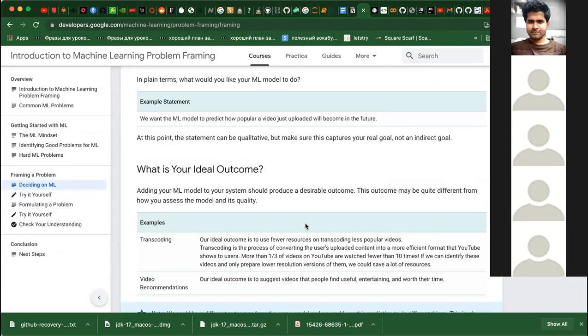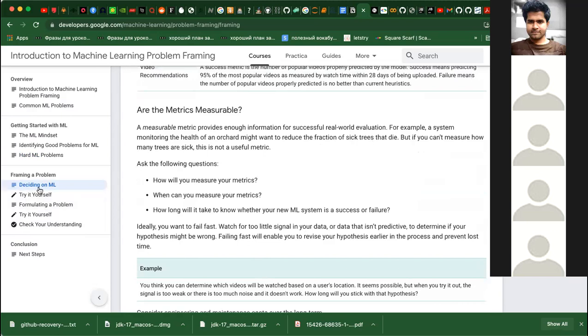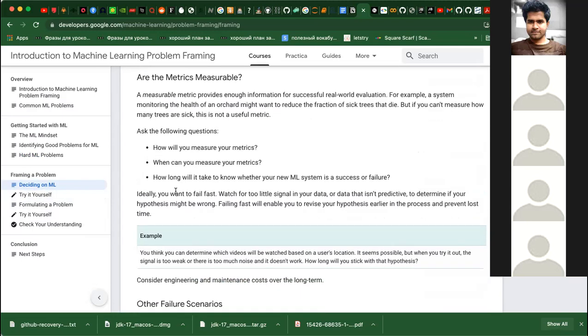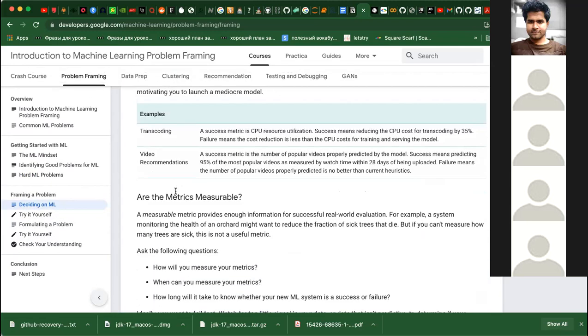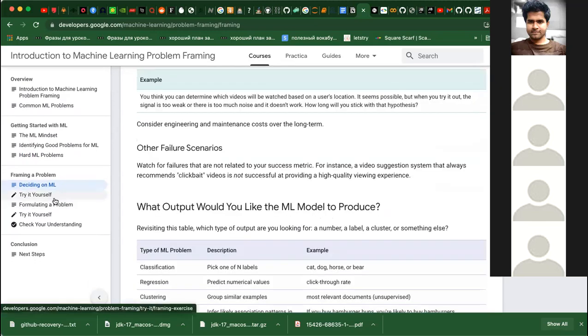So I think it would be good for you to complete this on your own, just to think about the problems, what data you would use, what metrics you would use, and how. This helps you to think about diverse problems and how to formulate a question.